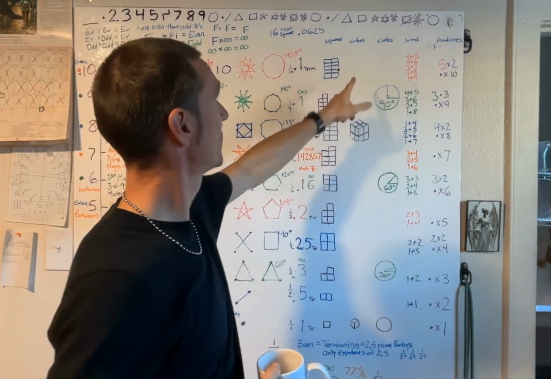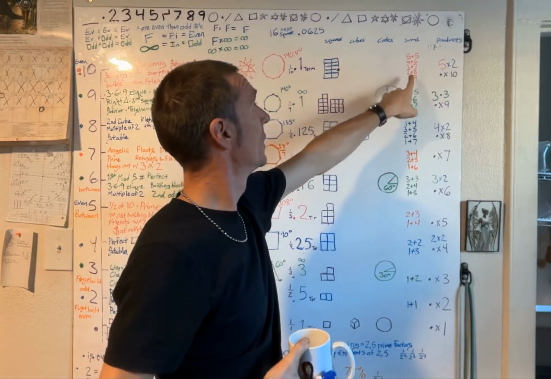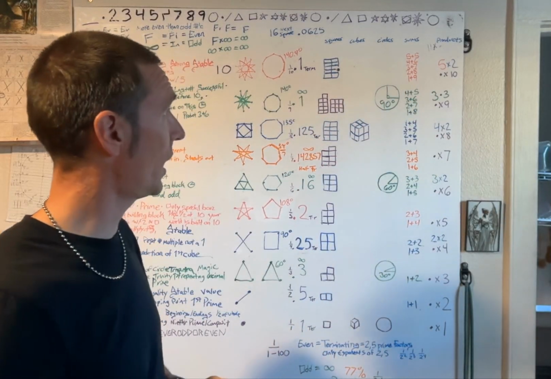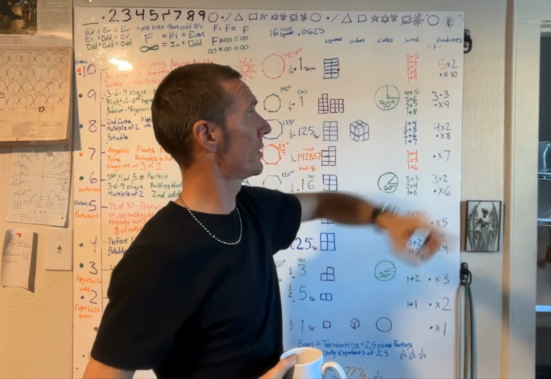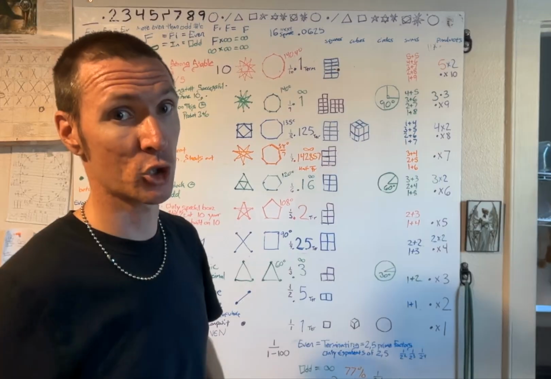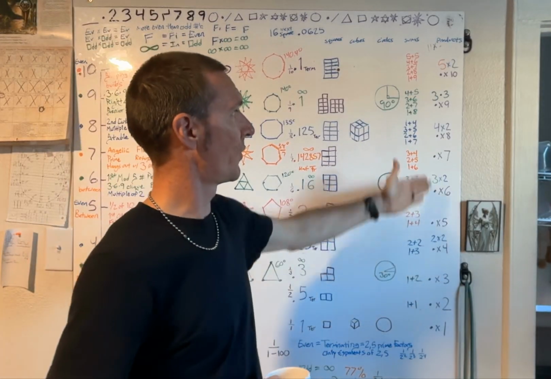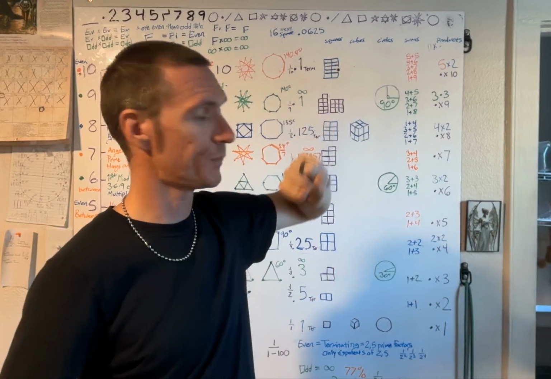Yeah. 10 is not a cube. 10 is not a circle. 10 has 5 sums. 5 plus 5 is the biggest one. And 10 is composite. 1 times 10 or 5 times 2. None of these numbers have any products more than just 2.